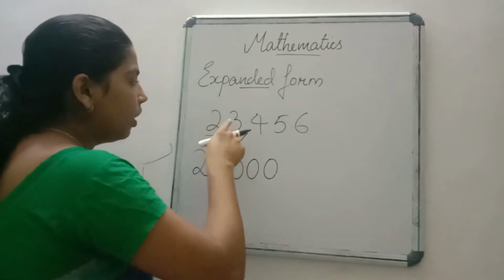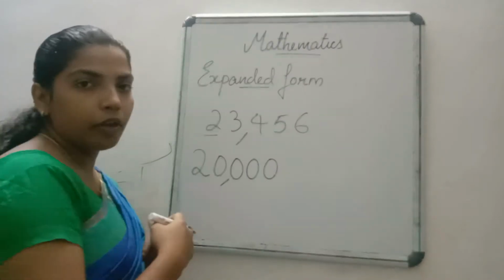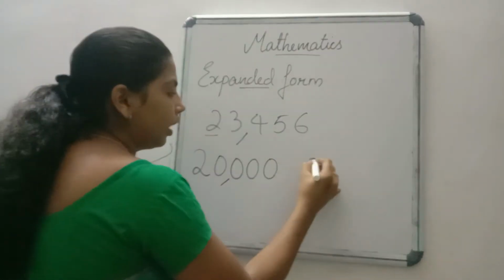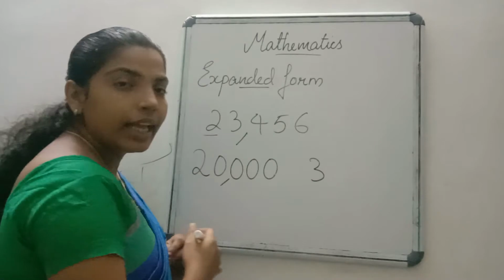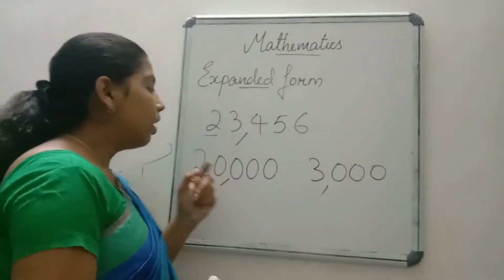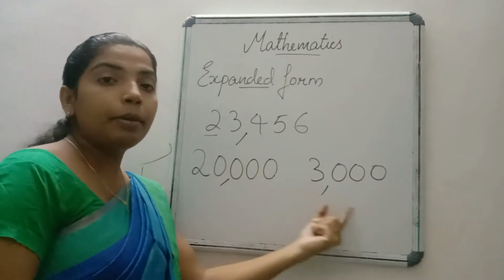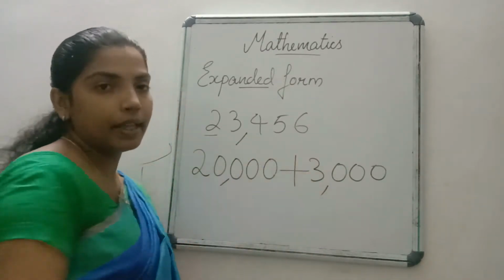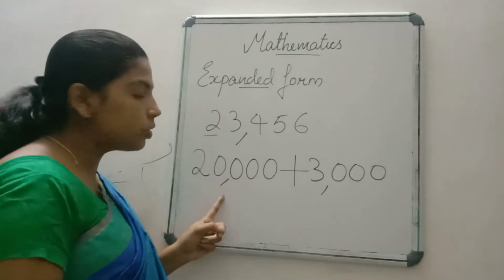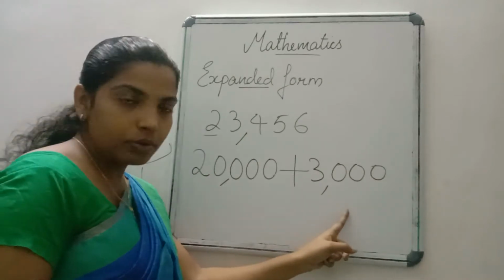Then which is the next number? 3. So we have to write the place value of that number. 3 followed by how many zeros? 3 zeros. Another thing I told you, we have to write the place value of each digit and in between we have to give a plus sign. So the place value of 2 is 20,000, plus the place value of 3 is 3,000.